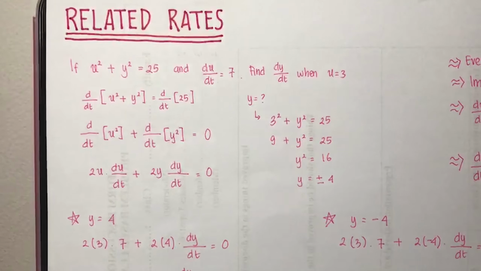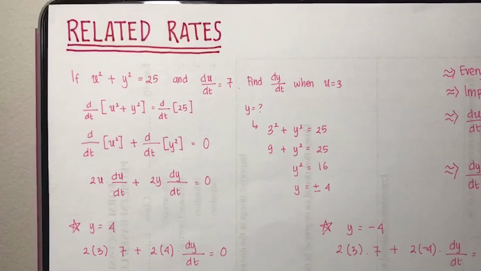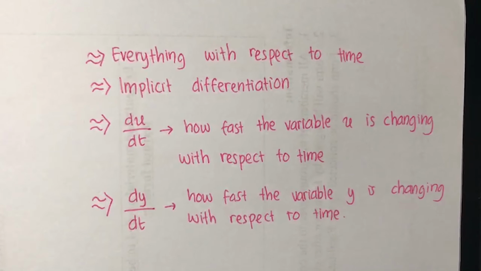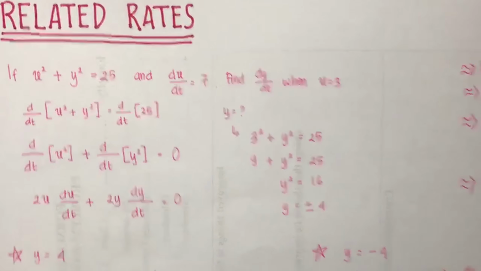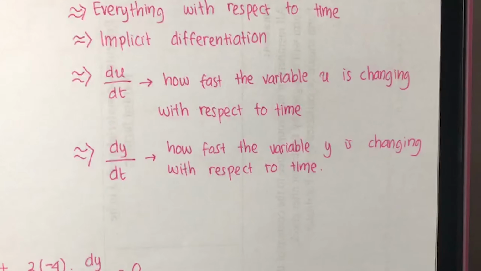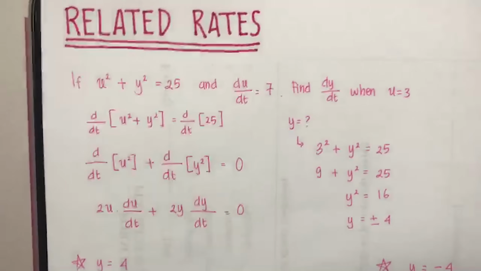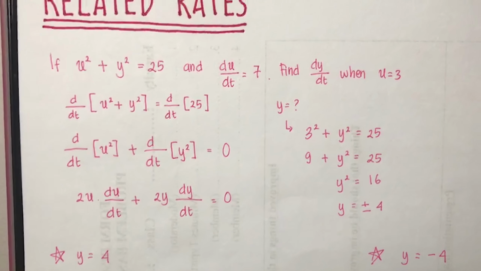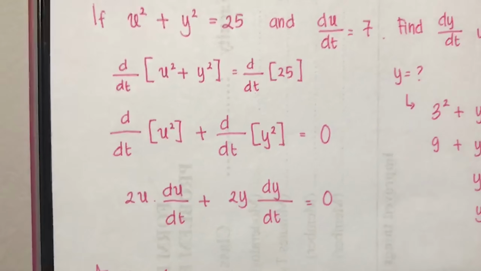So, if x squared plus y squared is equal to 25, and dx over dt, which means how fast the variable x is changing with respect to time, find dy over dt. dy over dt is how fast the variable y is changing with respect to time when x is equal to 3.